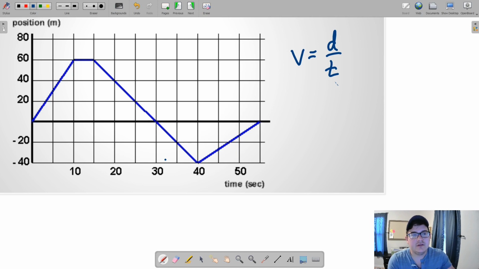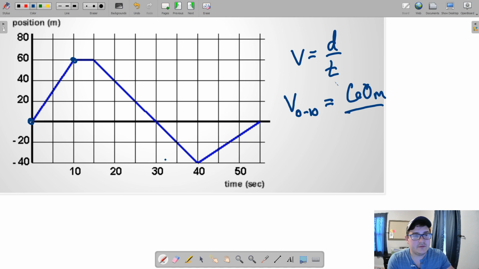So let's do the velocity for this first time interval, and that'll be from 0 to 10 seconds. How do we denote that? So I'm going to write the velocity from 0 to 10. Okay? And so you can write this a couple different ways. I've seen velocity equals, t equals 0 to 10, but I think that's a little bit too much to write. So I'm going to say the velocity from 0 to 10, and I'm going to denote it with that little subscript, equals the displacement from 0 to 10, and that was a positive 60 meters.